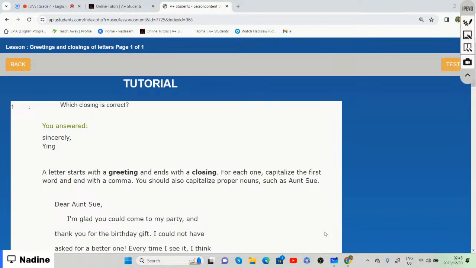So after you have stated who you're writing to, we close our letter. So we have our opening, which is our greeting, the reason as to why we're writing the letter, and our closing. Closing can be with love, sincerely, your cousin, your niece, your best friend, and your name, not forgetting the comma.